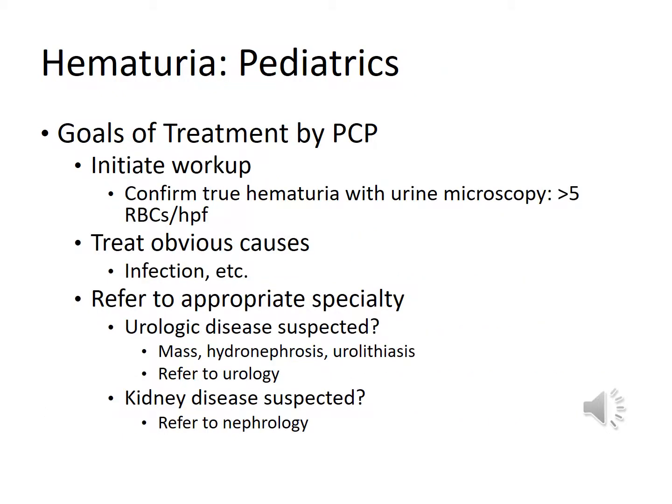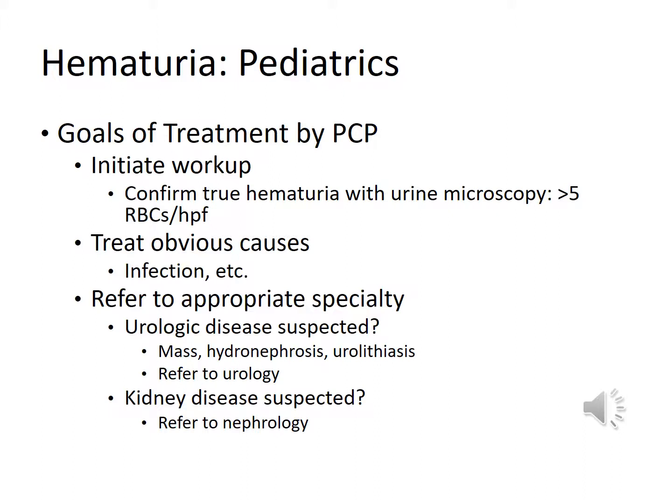I want to talk a moment about hematuria in the pediatric population. It is going to be a little bit different than the hematuria workup that's performed in adults. If a child comes into the office with a positive dipstick for blood, you want to confirm true hematuria exists with a microscopic examination, and that's the same with adults as well.